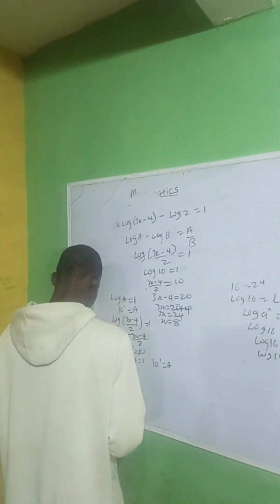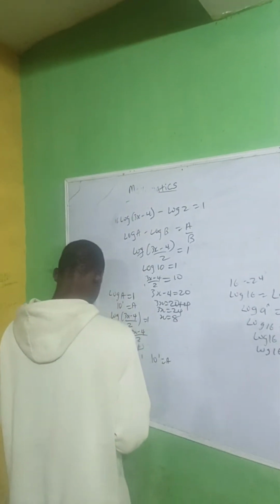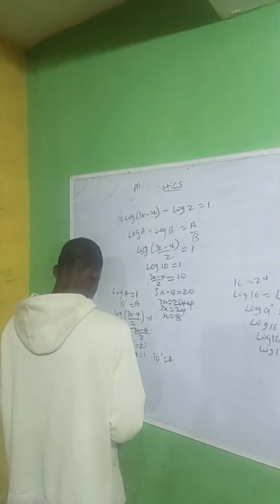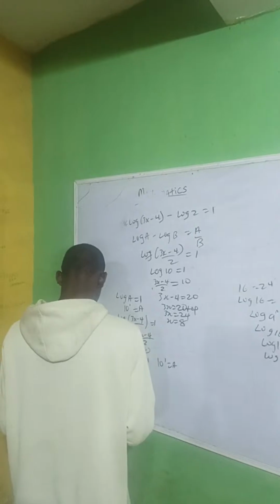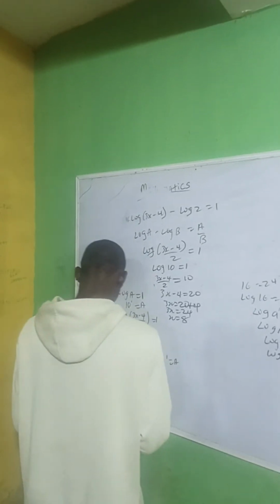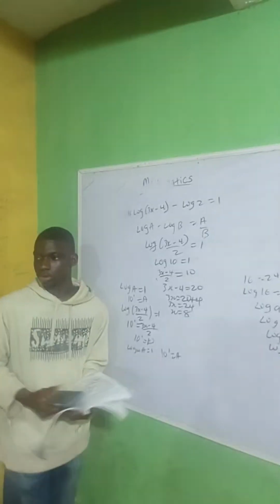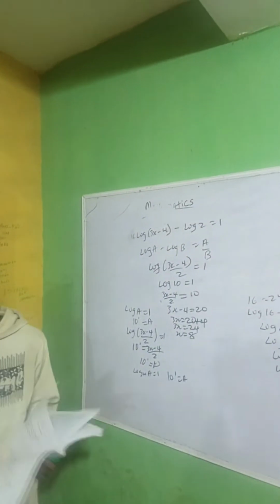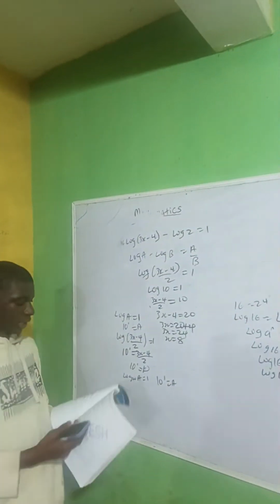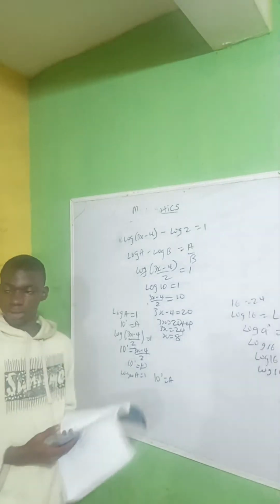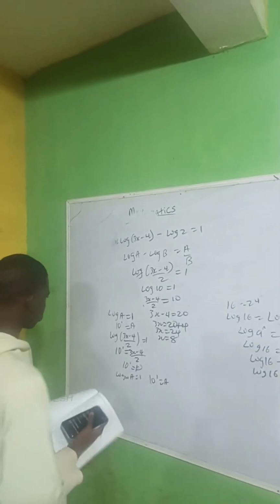We do 3 raised per 3x equals to 3 raised per minus 2y. 3x is equal to minus 2y. So we understand the question. The answer is 3x equals to minus 2y. Is that what you got? Yes. Okay.